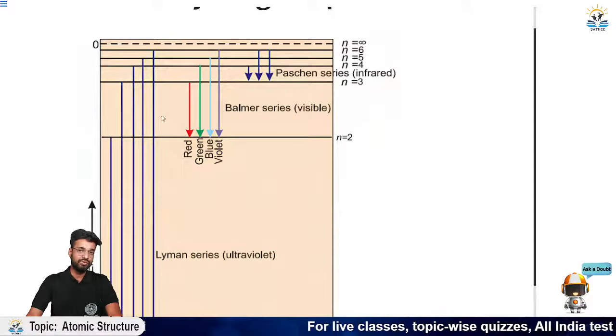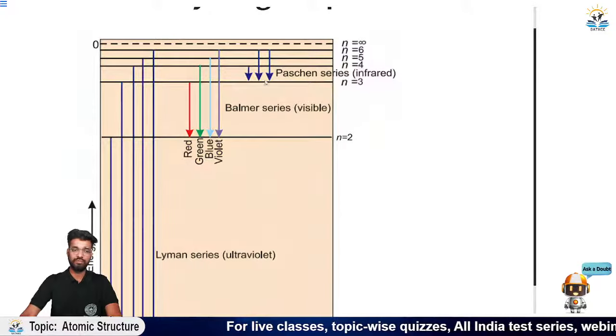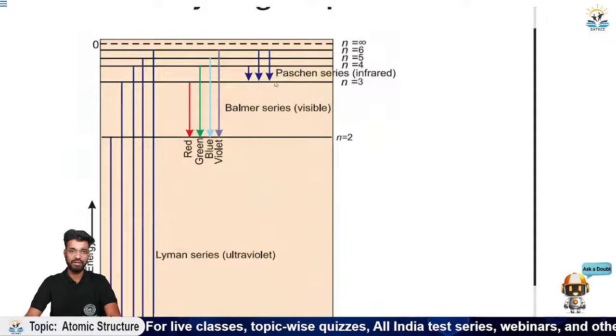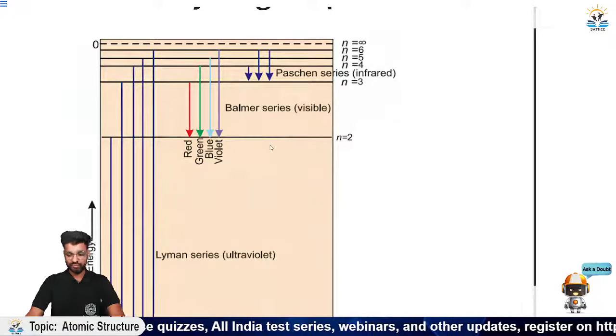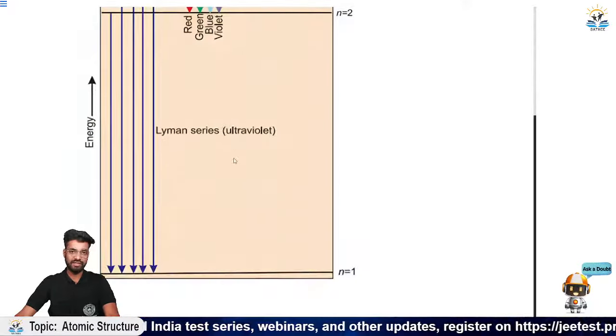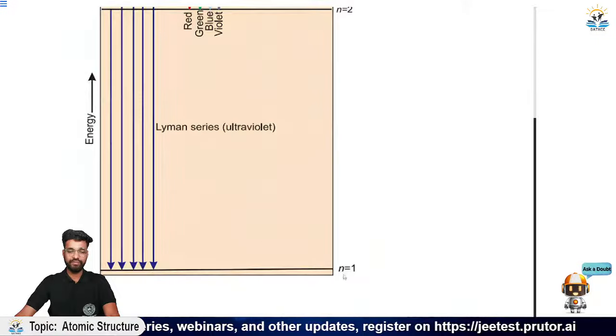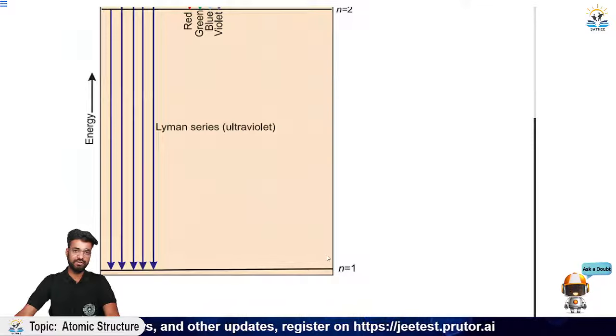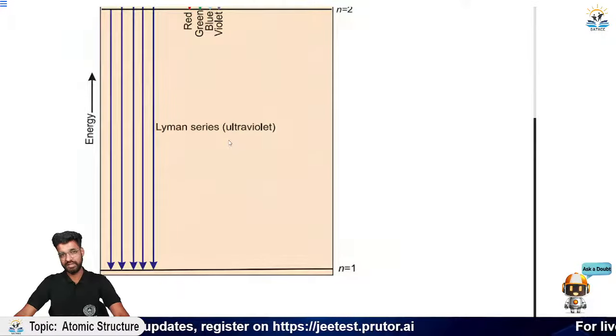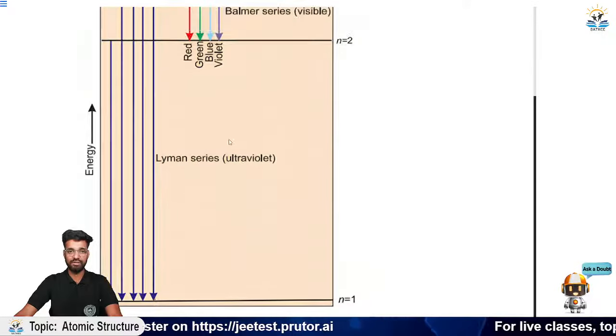Now they do fall back also. Suppose electron goes up and it falls back, so it emits energy. We can have different types of transition in that case. If we take n equals 1, each of these electrons is falling onto n equals 1.